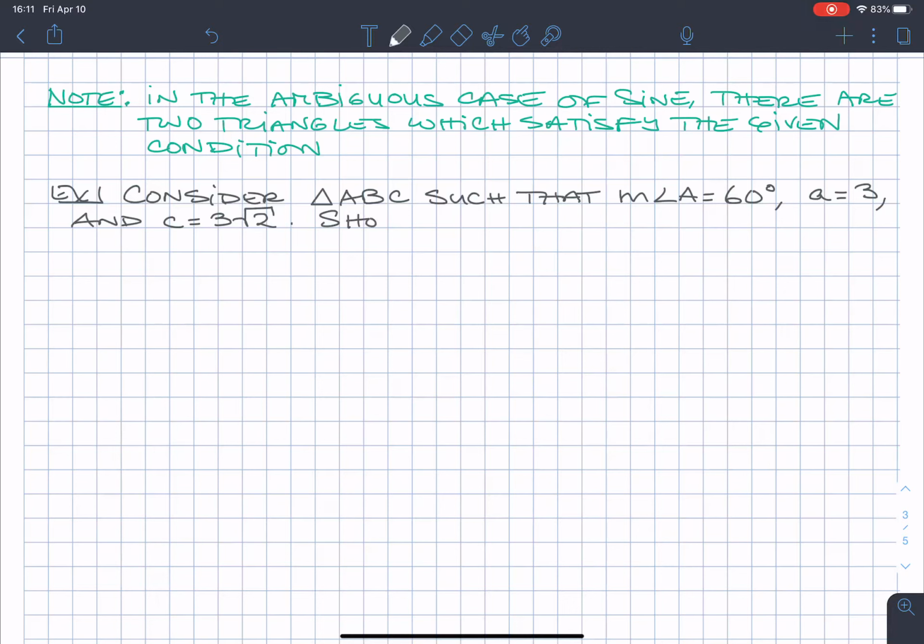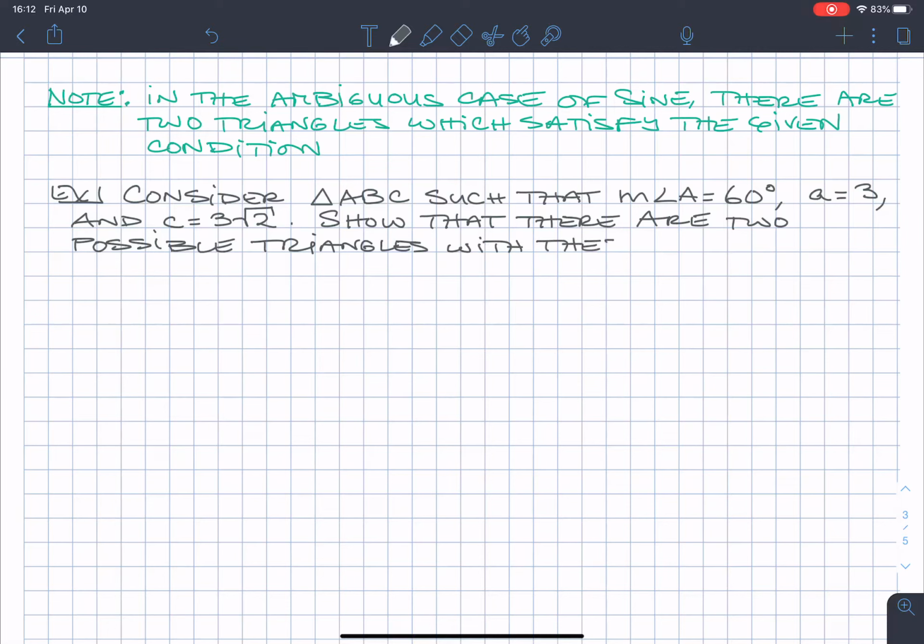So show that there are two possible triangles, meaning this is an ambiguous case, two possible triangles with these conditions.